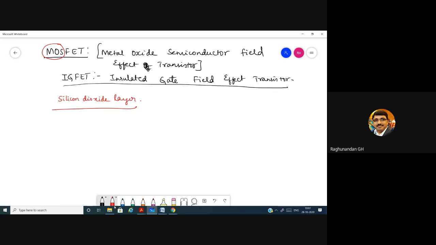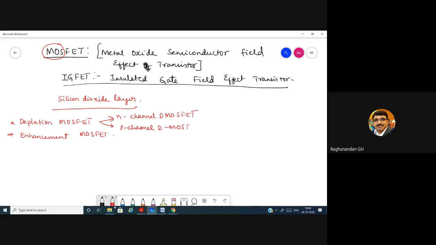So here we have two types: depletion MOSFET and enhancement MOSFET. Again, here we have two types: N channel D MOSFET and P channel D MOSFET.